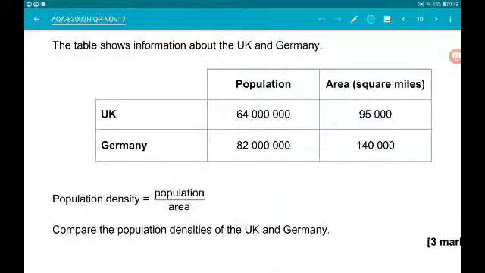Okay, question 12. The table shows information about UK and Germany. So we got the populations and the area in square miles. We're told population density, so a nice bit of geography here is population divided by area, and we are asked to compare the population densities of the UK and Germany.